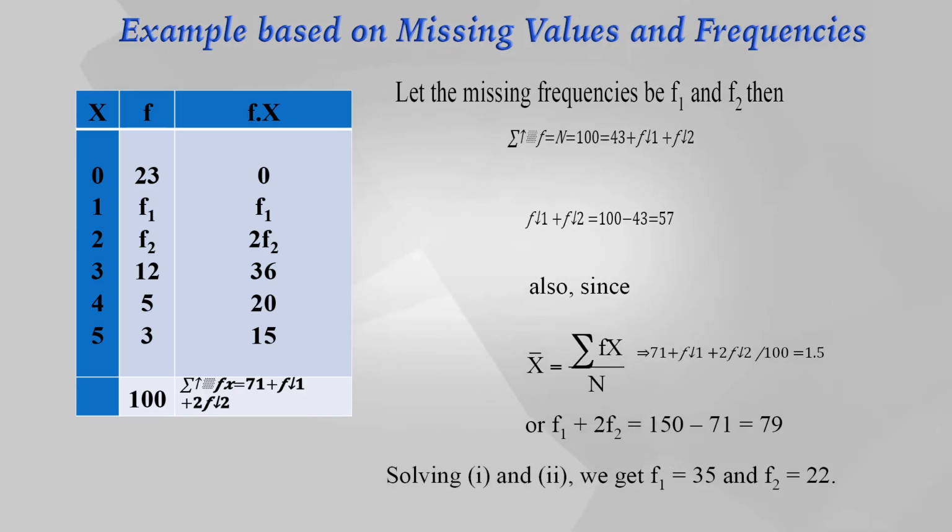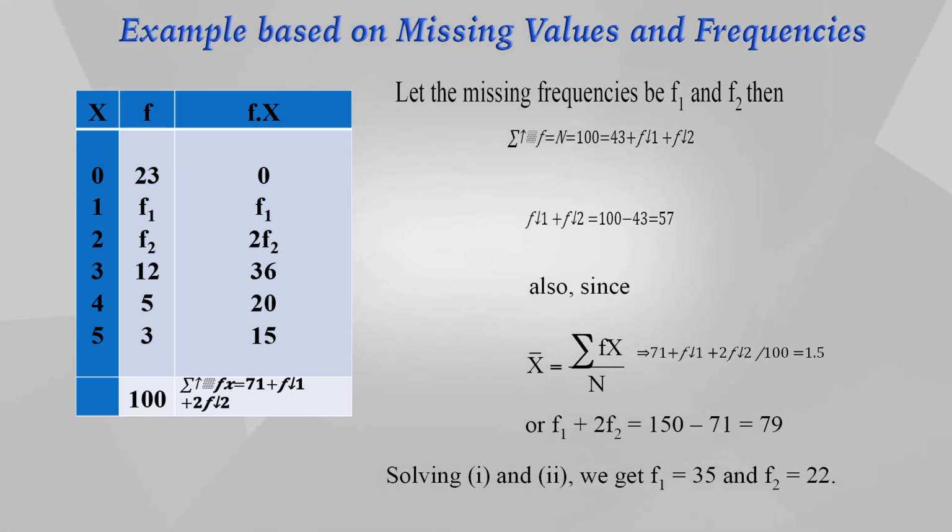Now, for the given formula of arithmetic mean, we need summation of fx in the numerator and the sum of all the values, that is the total frequency, in the denominator. In the third column, we multiply the x values with the corresponding frequencies and get the sum of fx, which in this case is 71 plus f1 plus 2f2.